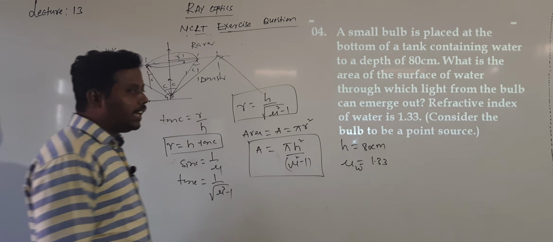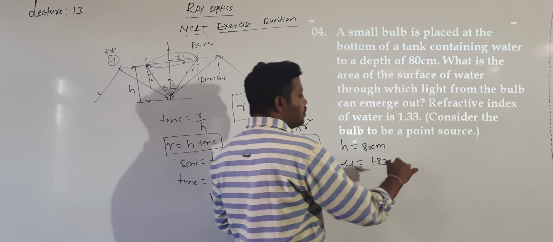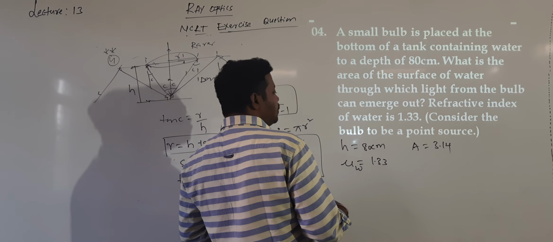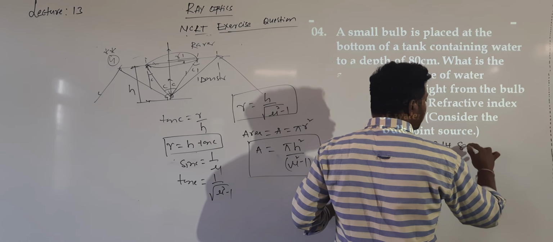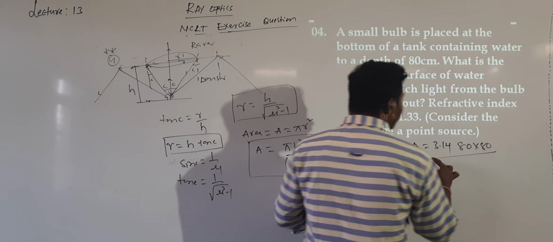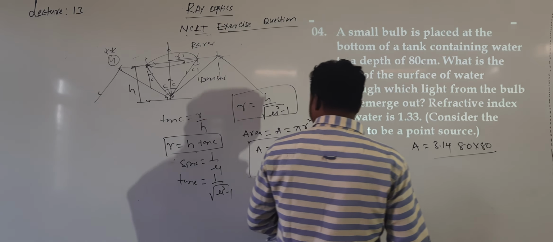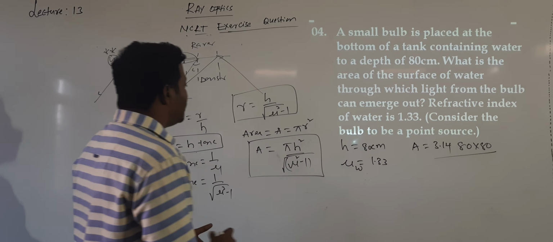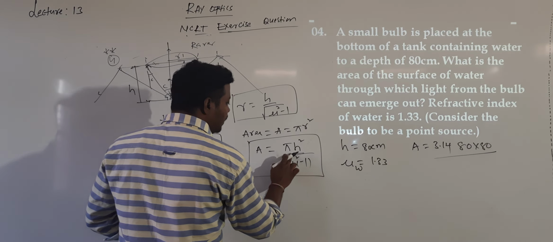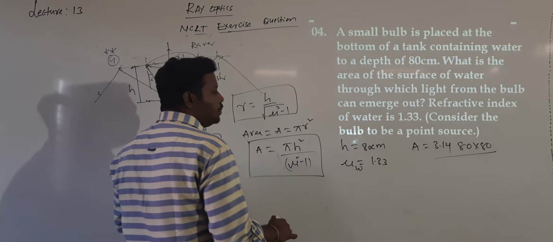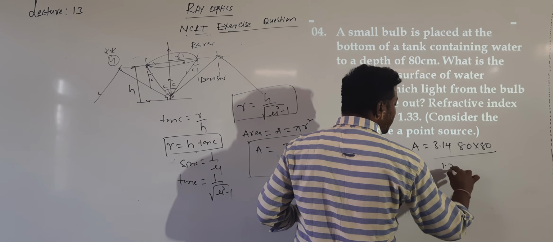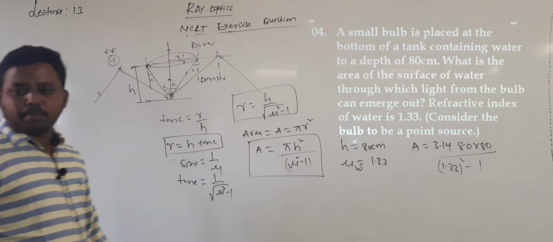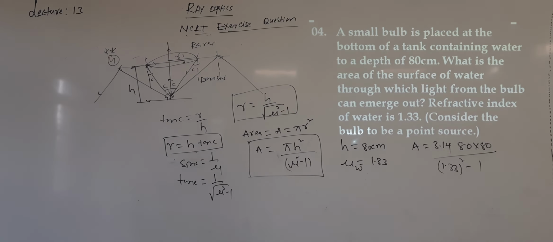So A is equal to 3.14 into 80 into 80 divided by 1.33 whole square minus 1. You simplify this to get the answer.